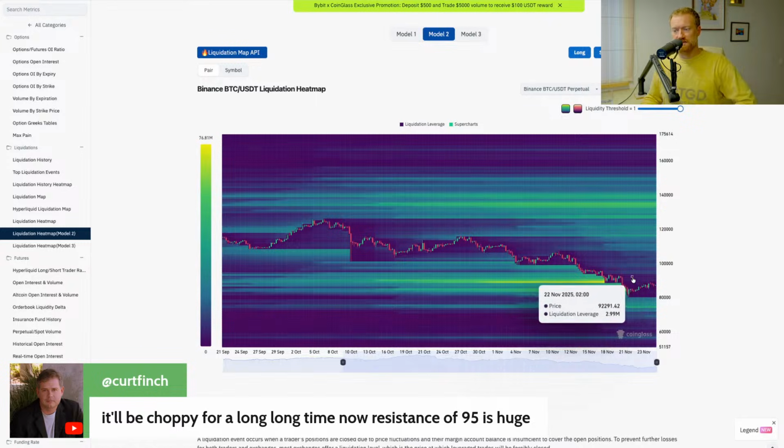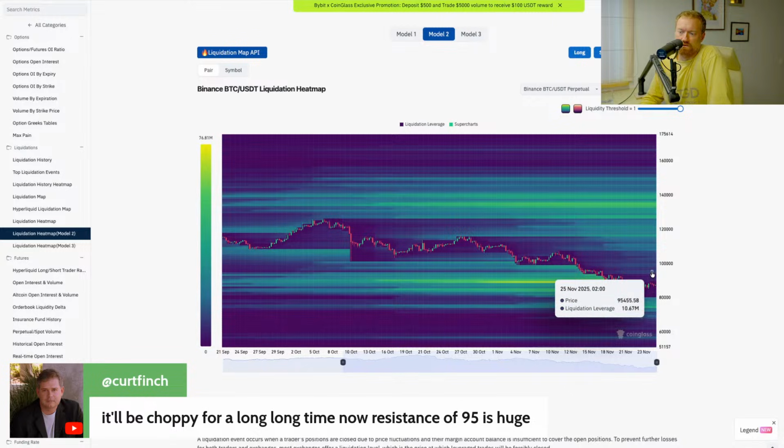But you're right, 95K is when you start to see more action. Right? And then the shorts would have to be taken out really at even levels way up here, 135.